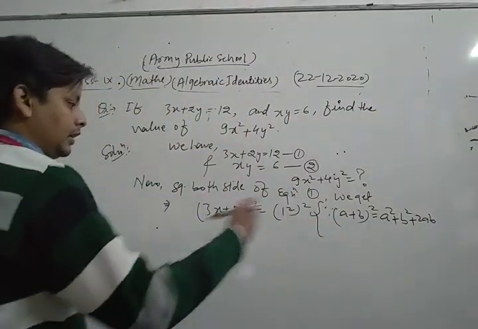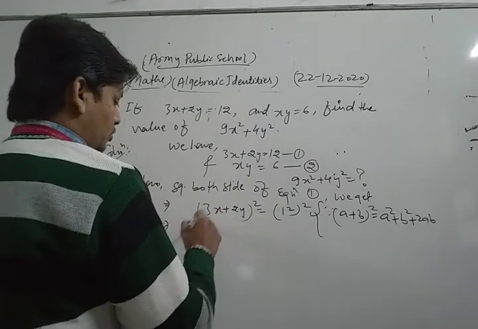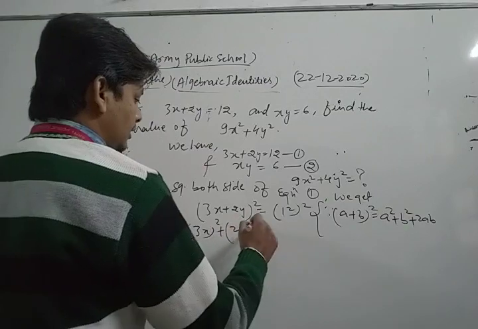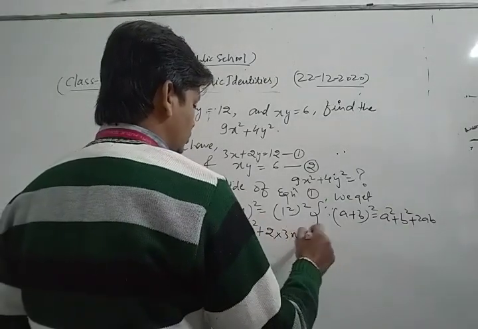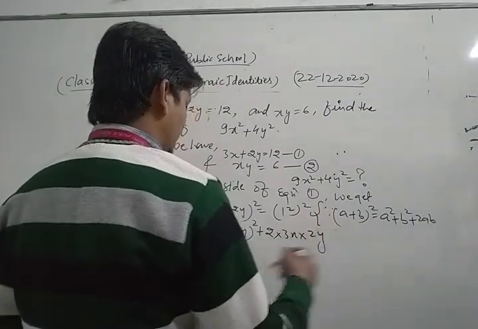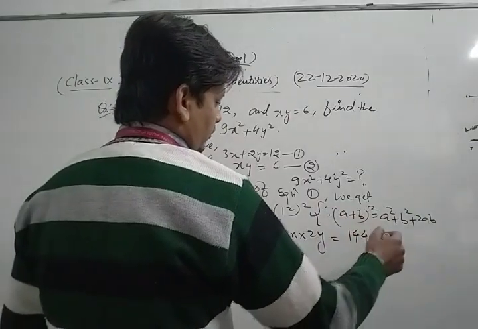Now we expand it. Here the value of a is 3x and b is 2y. So a square means (3x) square, b square means (2y) square, plus 2 into a into b means 2 into 3x into 2y, which is equal to 12 square. The square of 12 is 144.